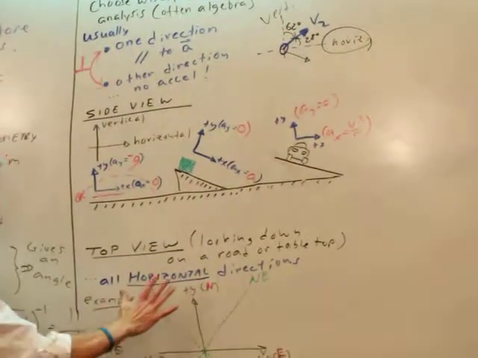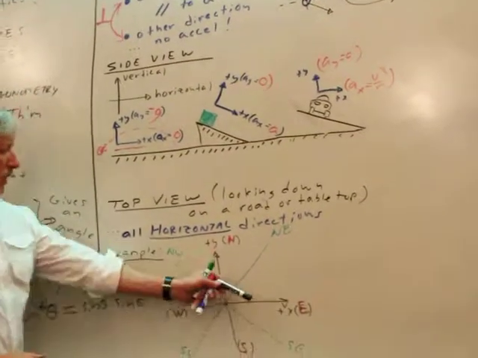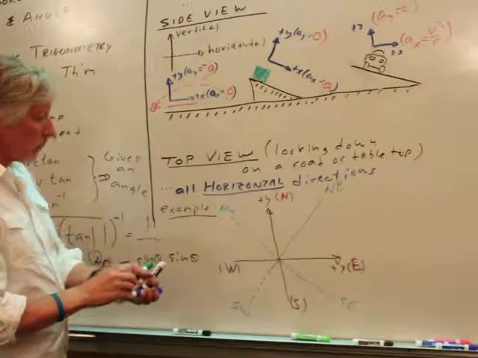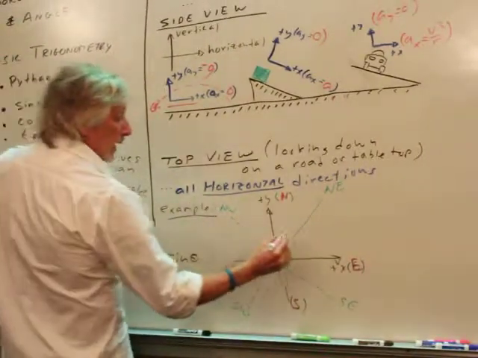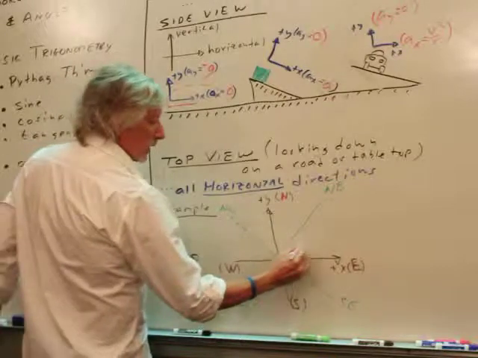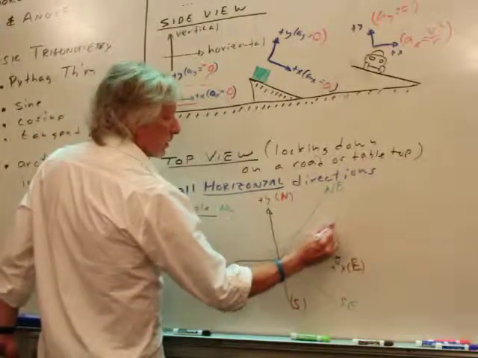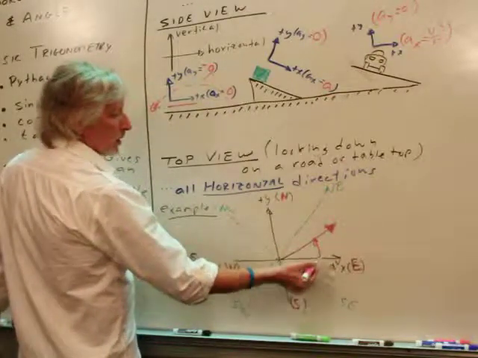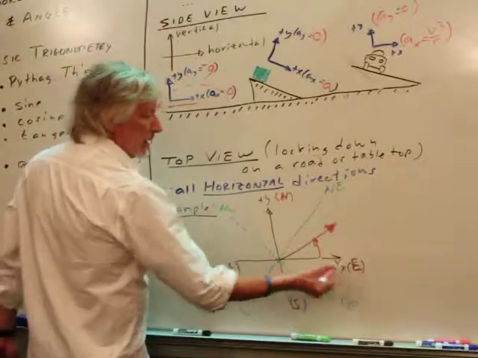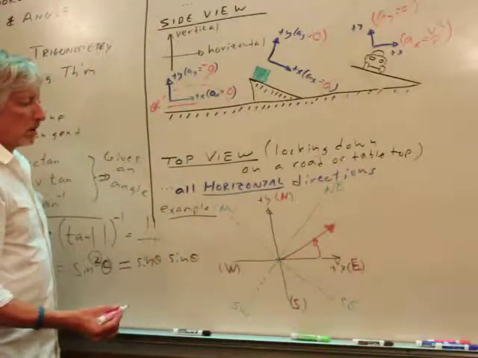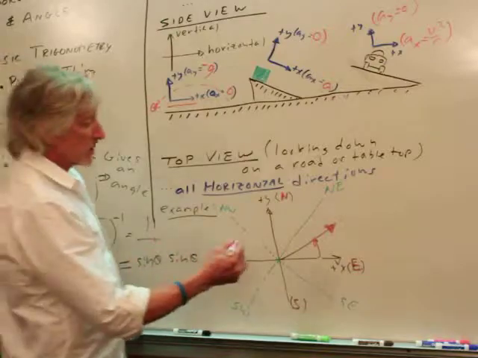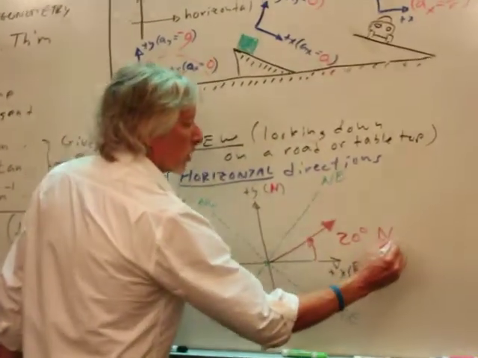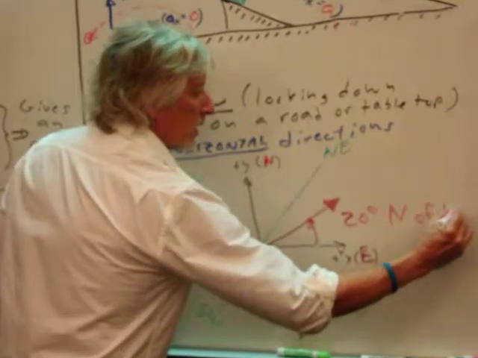This top view thing, when we're using north, east, south, west, what we do is as follows. We talk about an angle, like if I have something out here, then this angle would be heading north from east. Right? So there I could say, let's say it's 20 degrees north from east.